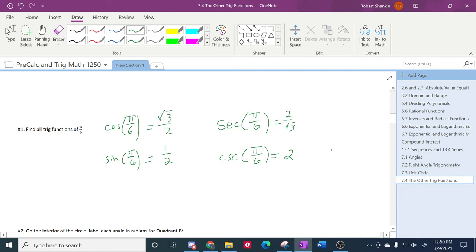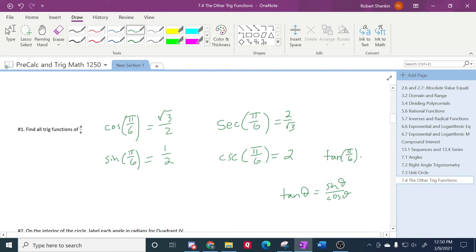Now, on the sine level, I'm going to put the tangent. Why do I put it over there? Tangent of anything is sine over cosine. So the sine I think of as the dominant part of this because it goes on the top. So I kind of associate tangent with sine.